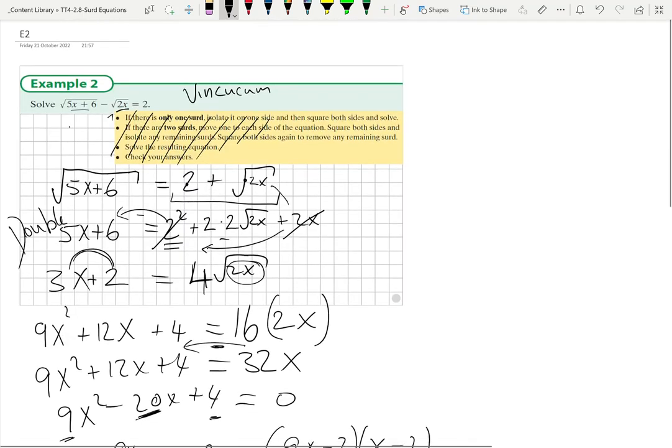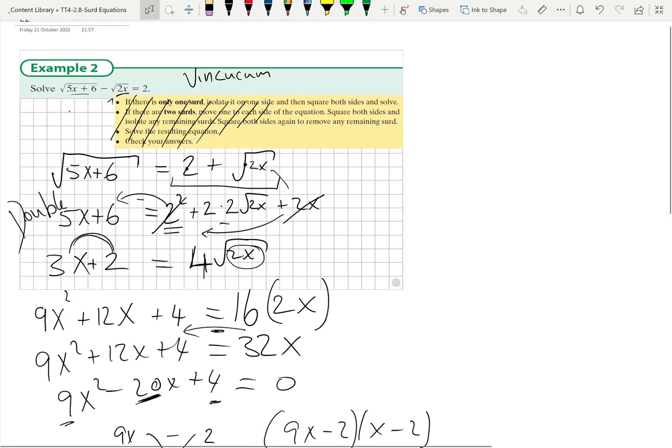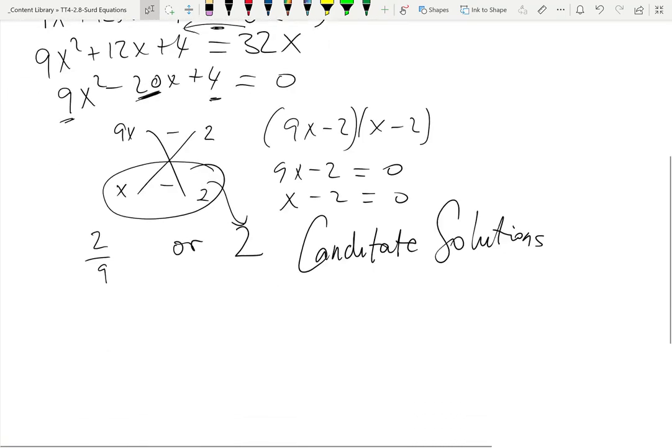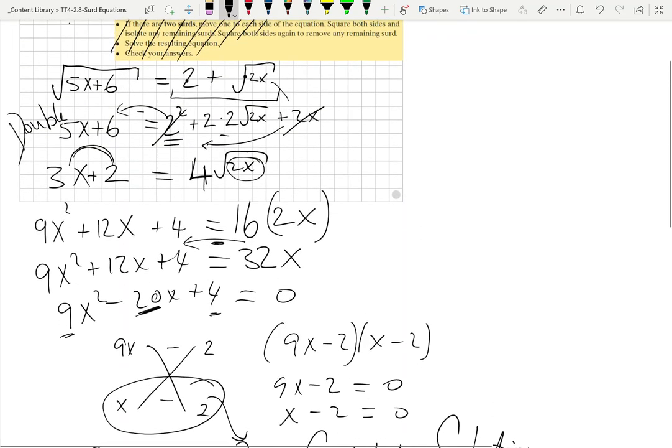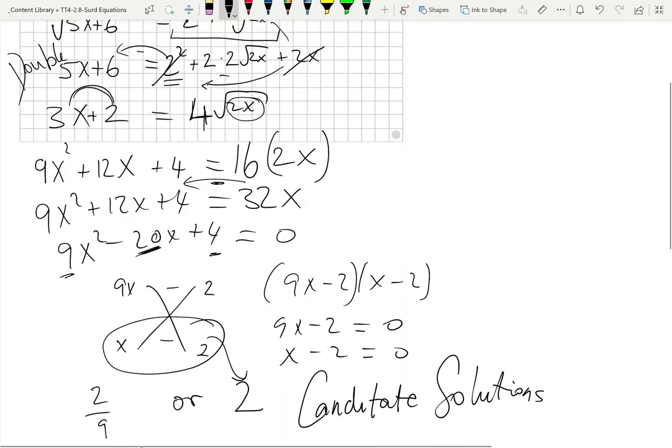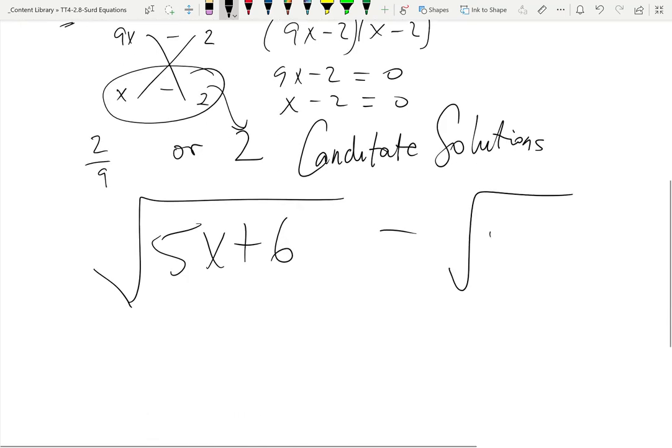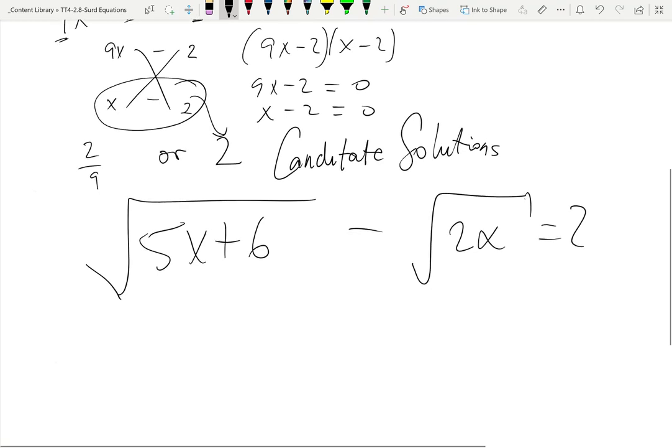Okay, so we go back to our original equation, square root of 5x plus 6 minus root 2x equals 2. And we can drop 2 in, giving 4 take 2 equals 2.